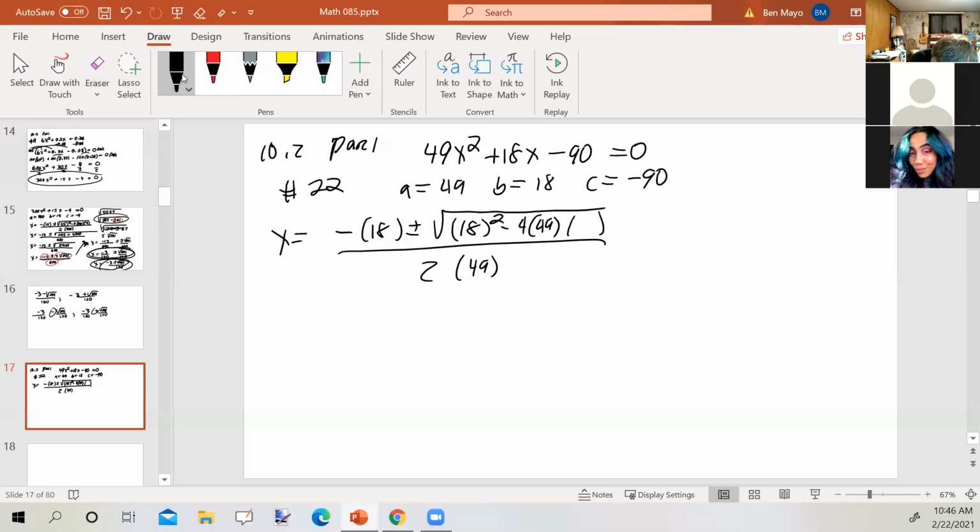That's supposed to be negative 90. Okay, so x is negative 18 plus or minus 18 squared. I think that's 324. Yes, it is 324.